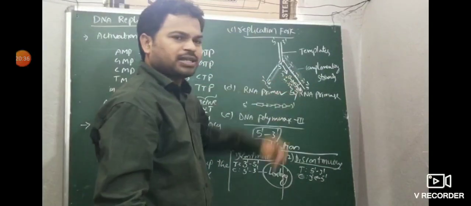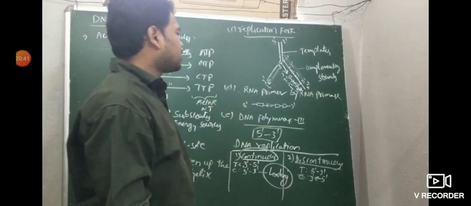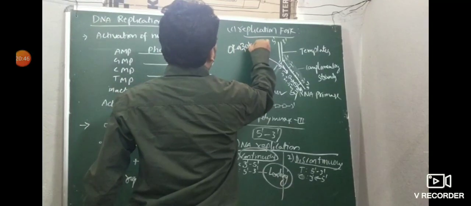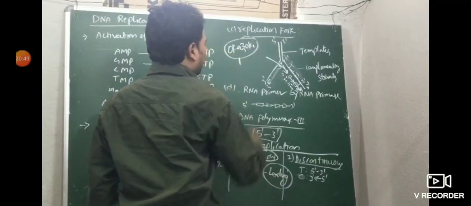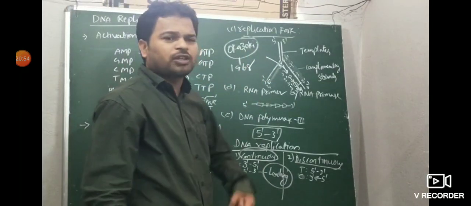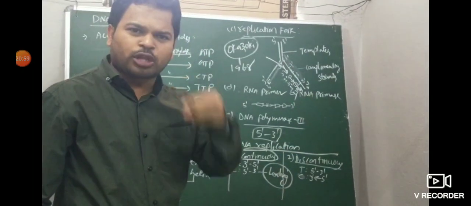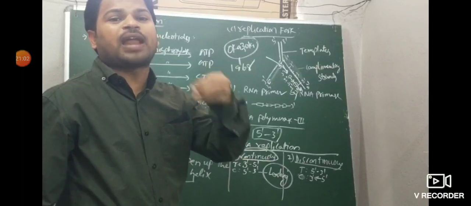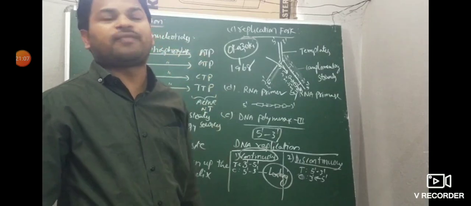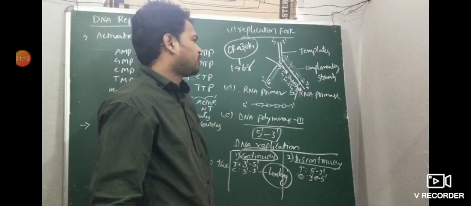So this type of fragments is not continuous replication. These fragments are called Okazaki fragments, discovered by Okazaki in 1968. Okazaki fragments are formed in which template strand? 5 prime to 3 prime. When the template strand is 5 prime to 3 prime, Okazaki fragments, the short DNA fragments, are formed in the complementary strand.